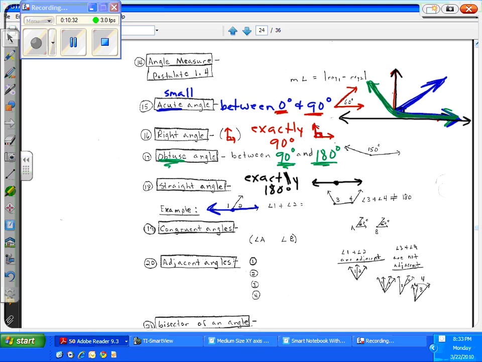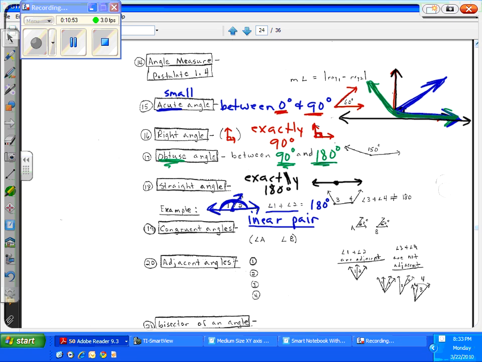Now, if two angles' external sides form a line and they are adjacent, then we would know obviously that the sum of their measures is equal to 180 degrees.